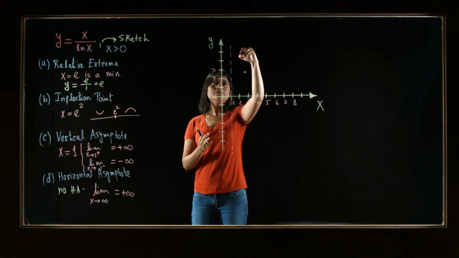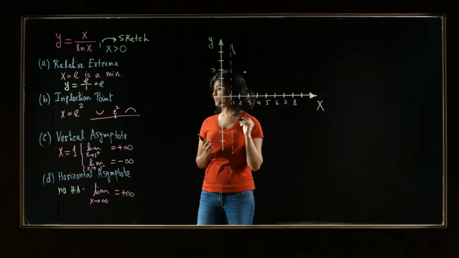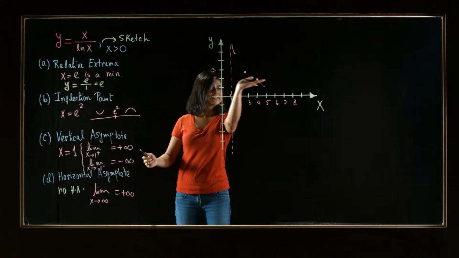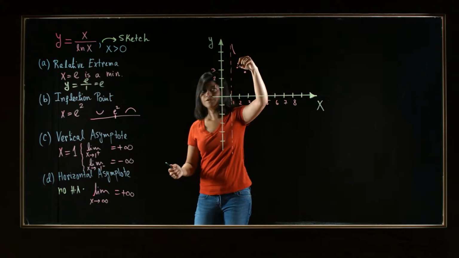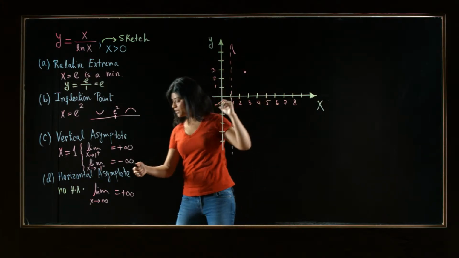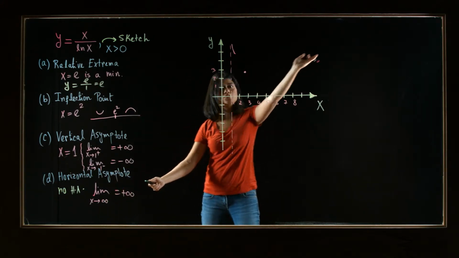So the function will be approaching positive infinity right here. Now what is happening to the right side? So the function is going this way, passes through the minima, and then what happens? Then as x goes to infinity, the function is going to go towards infinity.